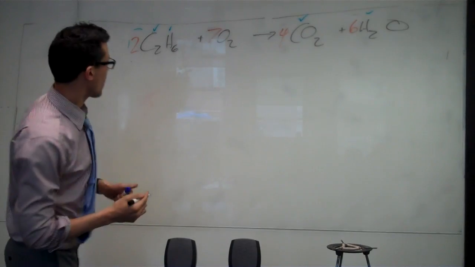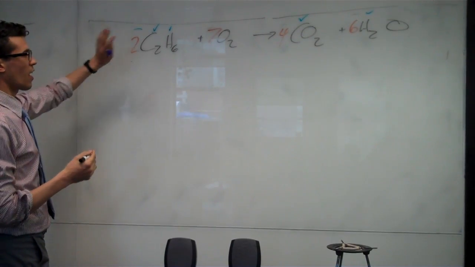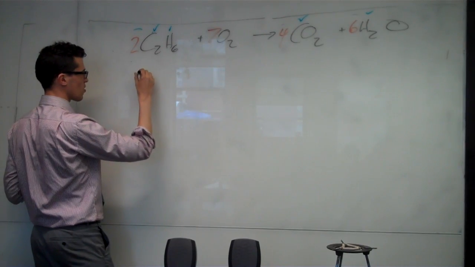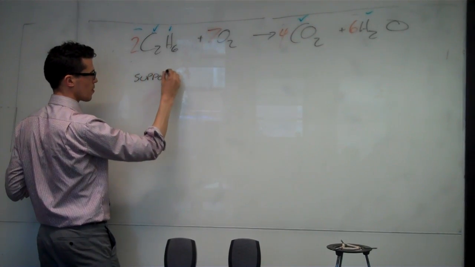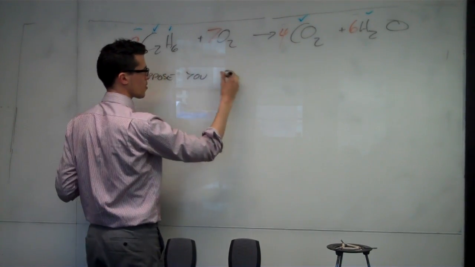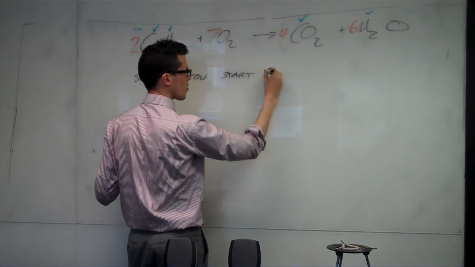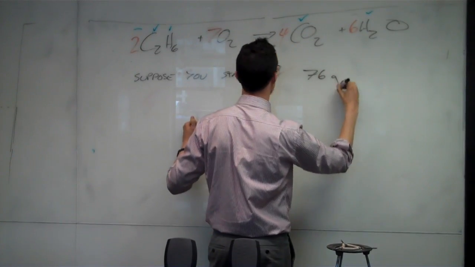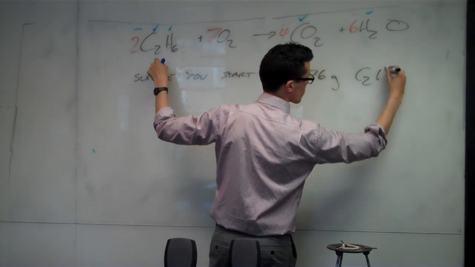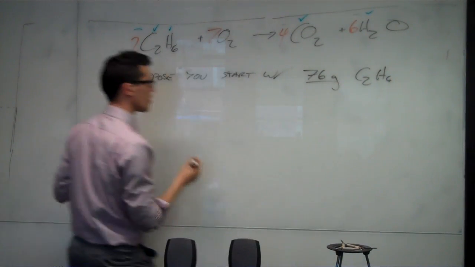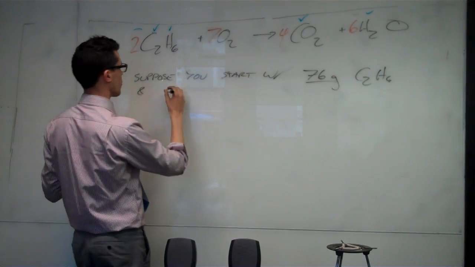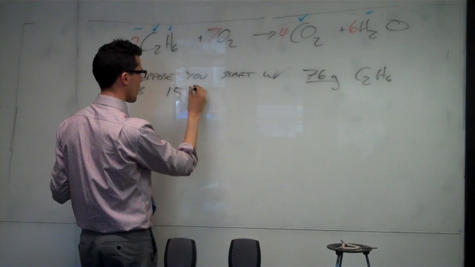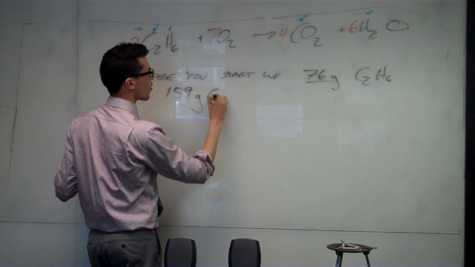And now let's say that in a problem like this, I first give you this to balance. The next part I'm going to say, suppose I start off with, I don't know, 76 grams of C2H6, and, I don't know, let's do 159 grams of O2.